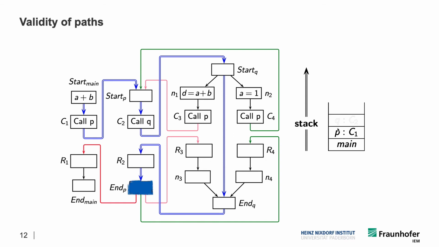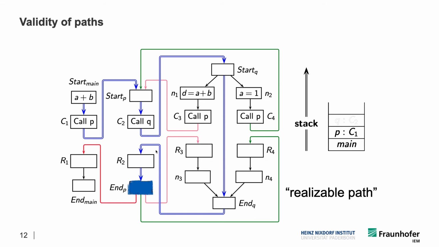So we know what were the previous procedures that were called. And so this then gives us a notion of a so-called realizable path. So a realizable path is one where the appropriate procedure calls match up inversely with the matching returns that you have according to the call stack.